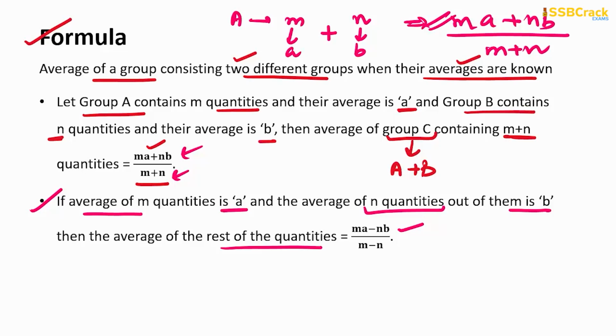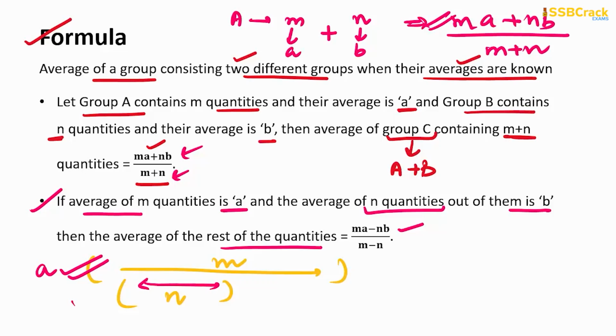So see, if here you are given some m quantities, and these are some n quantities. Now we are given the average of these m quantities as A and these n quantities as B, right?